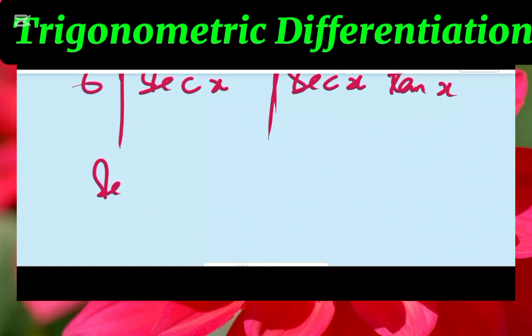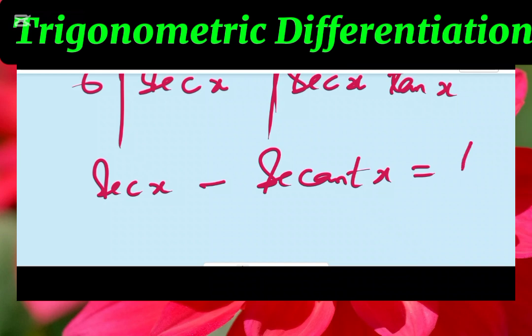Sec x means secant. So secant x, and this is what? Reciprocal of cosine. That is 1 over cos x. The acronym to use here is: use the first letter as 1, the second letter as over, and the third letter now, cos.